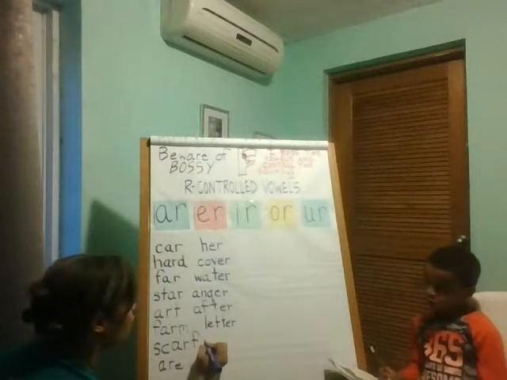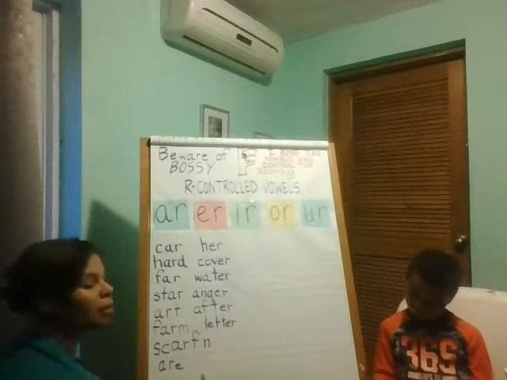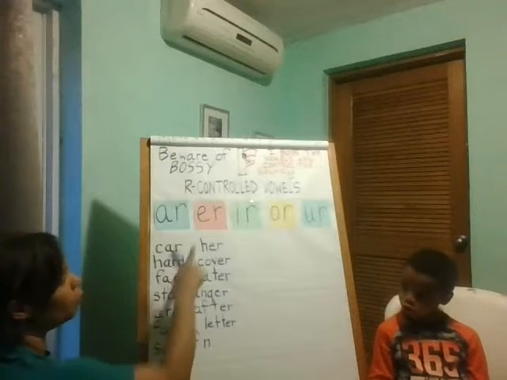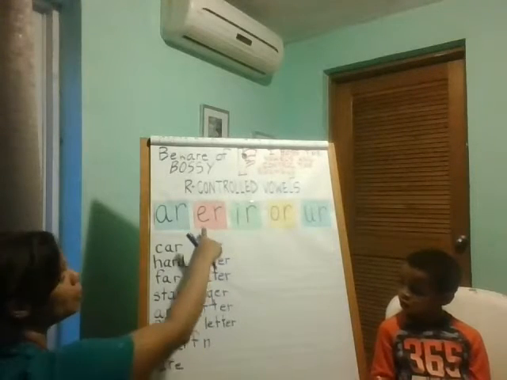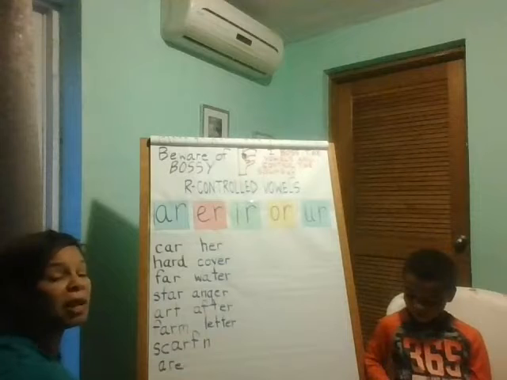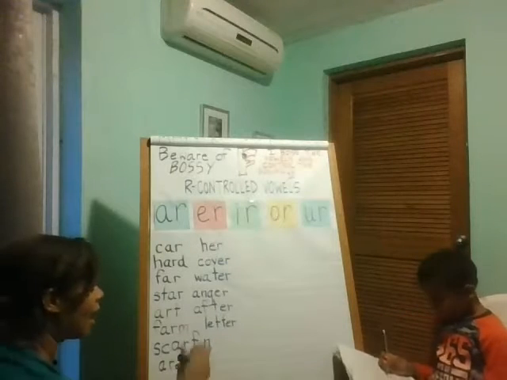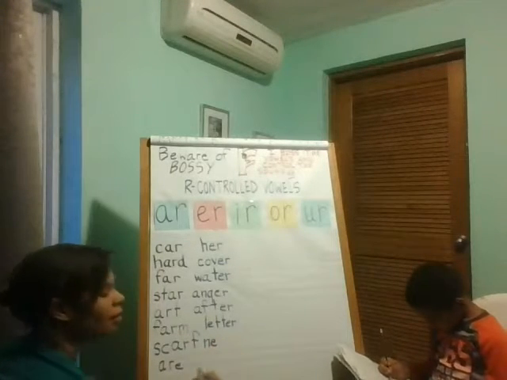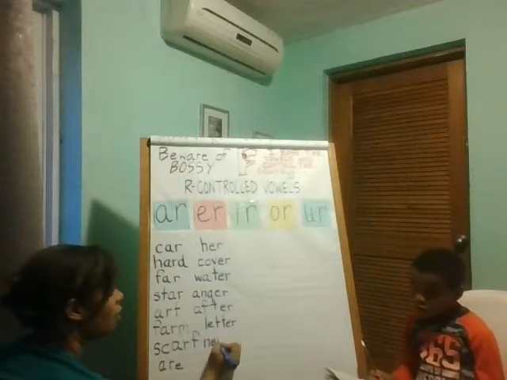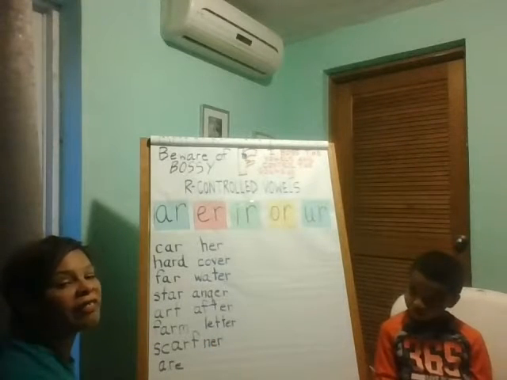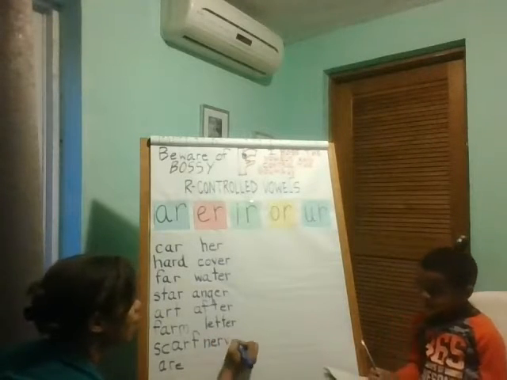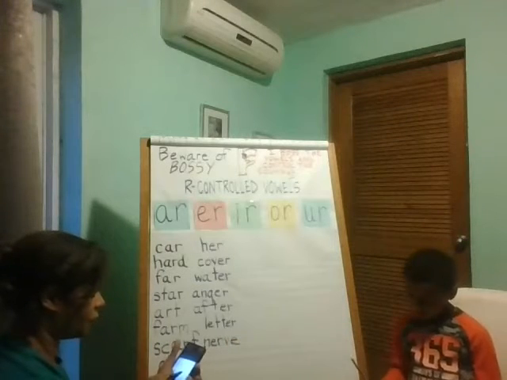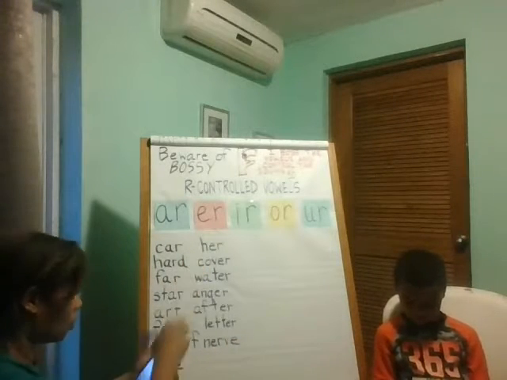What's ner going to be? N, what? Lennox said U, can't be U because we're on the ER. So what's it going to be? N-E, what? R. Nerve. V and then a silent E at the end. That was tricky, but remember what column we're on.